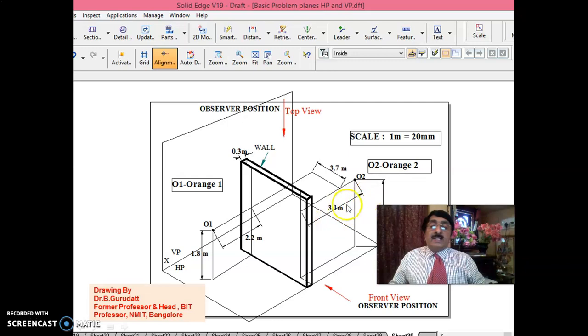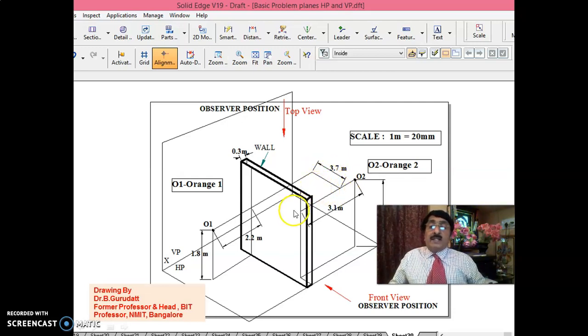They have also said the distance between the oranges, O1 and O2, measured parallel to the wall, is 3.7 meters. This is the wall, no? 3.7 meters means 3.7 into 20, that is 74 mm.